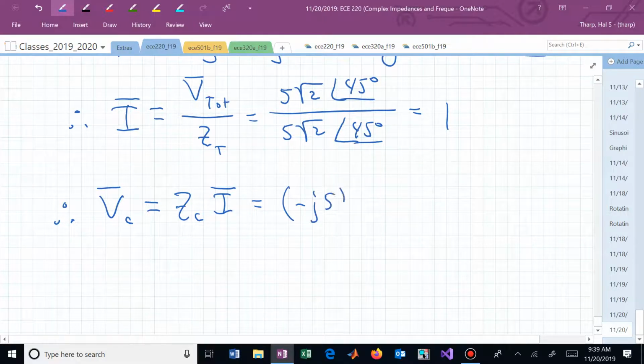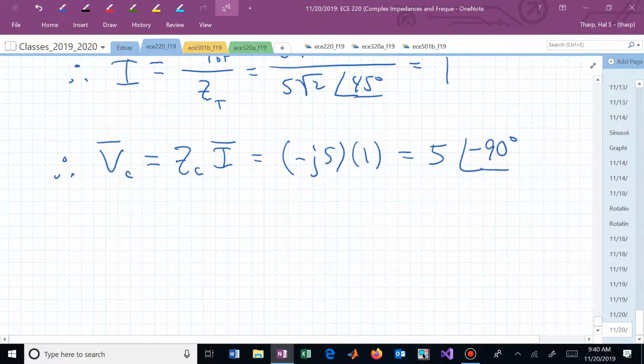That was minus j5, and that's times the phasor current, which was 1. If I write that as a magnitude and an angle, what do I end up with? 5 at minus 90, since minus j is at an angle of minus 90.